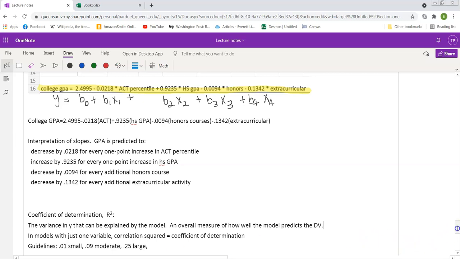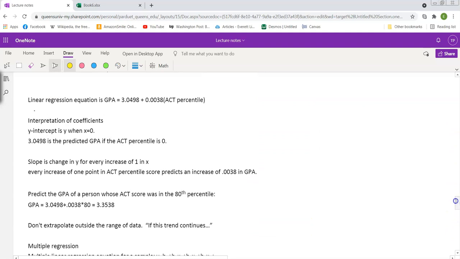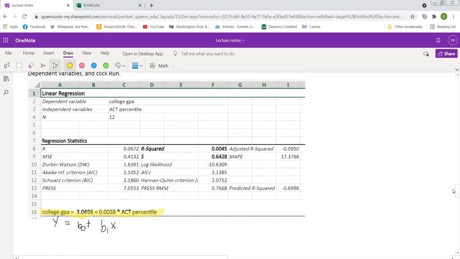And if you want to find the R-squared, that's on the output right here. And up here, it's right here.